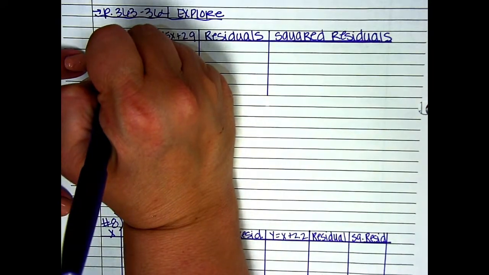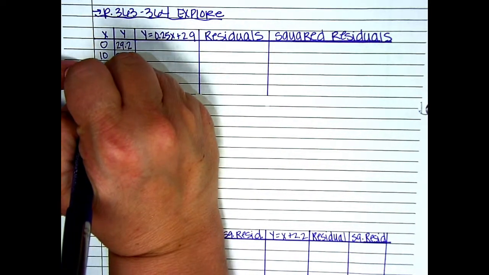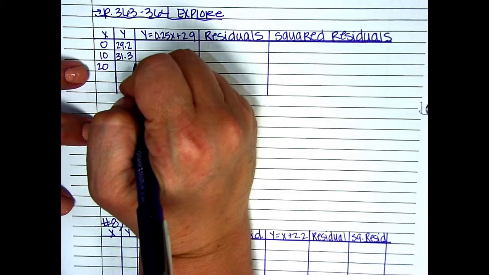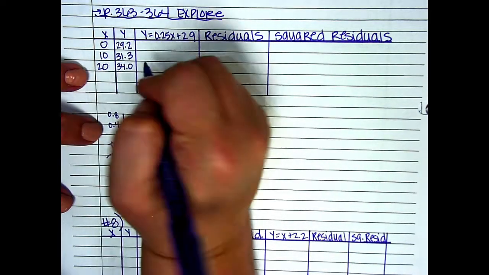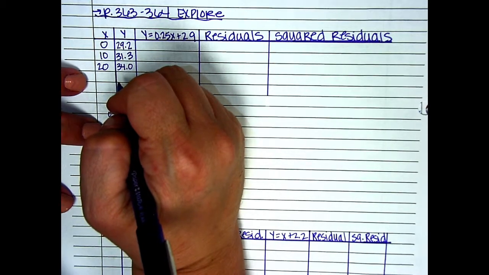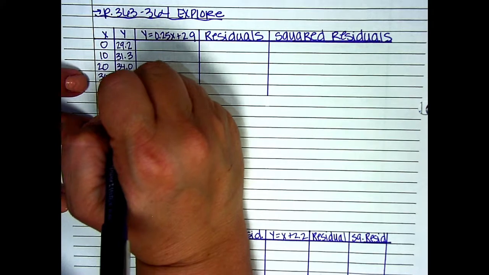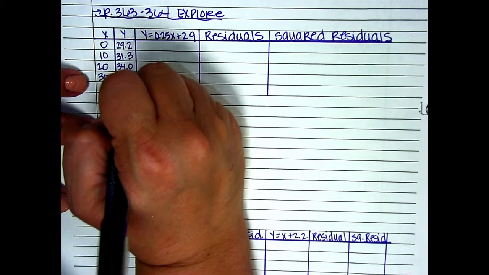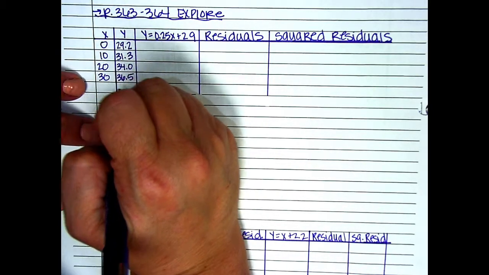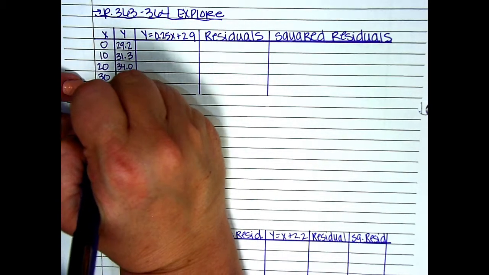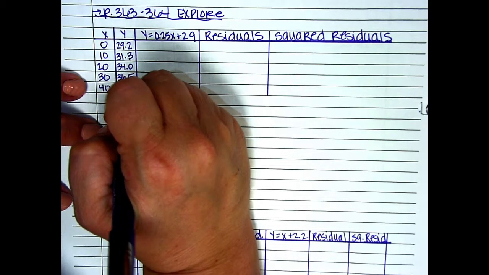That's 31.3. The next is 1990, so that would be 20. And that's 34.0. The next one is 2000, so 30. And that was 36.5. And the last is 2010, so for us that would be 40. And the median age was 38.2.